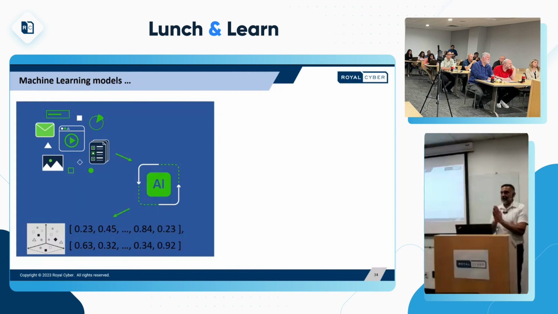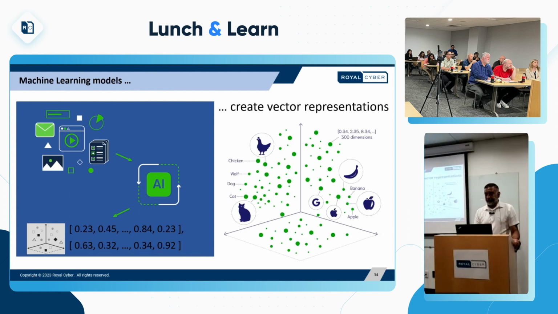It takes any text, video, or audio file and converts it to an array. Then it puts that array in the right dimension, so all the fruits are in one location, all the animals in one location. This is how it works behind the scenes of a vector DB.